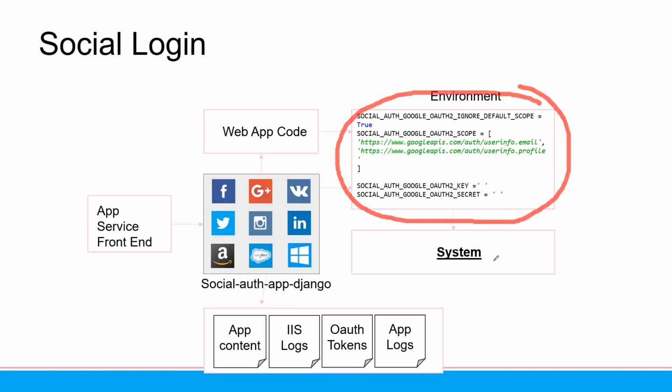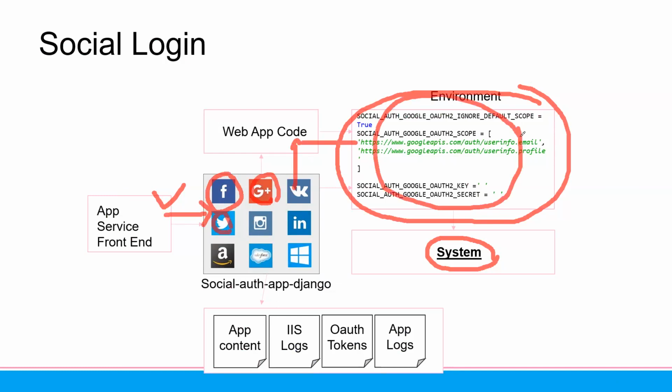For example, someone who already has an ID for Facebook or Google or Twitter or other partners can just use the existing ID, and then connect to this app code. We can verify what the API is, what the ID is, and what the secret key is, so it can access our system.